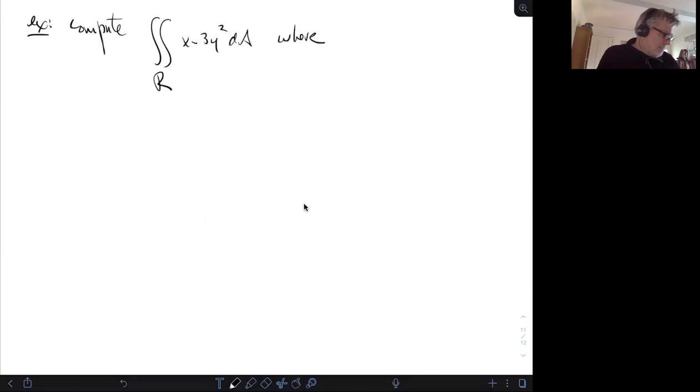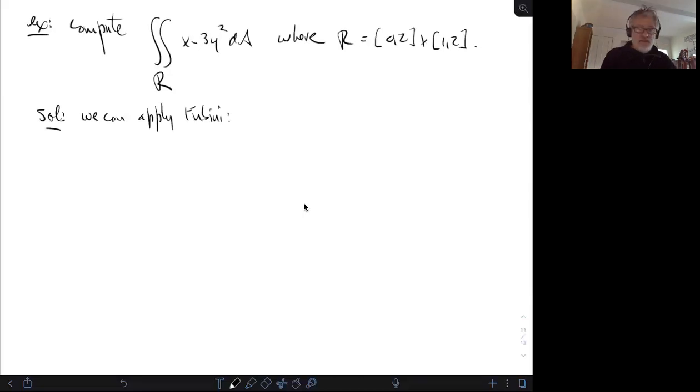Okay, where the rectangle R is [0,2] times [1,2]. So this function is continuous everywhere, so we can apply Fubini's theorem, no problem.